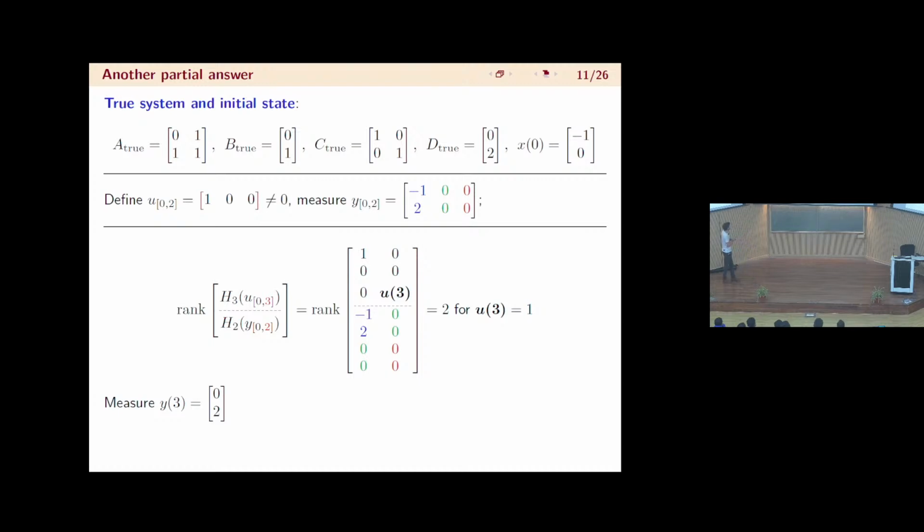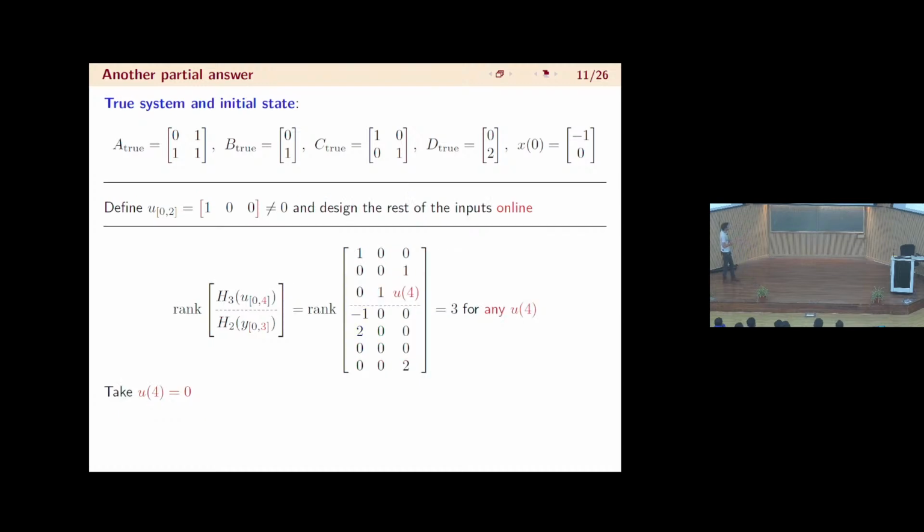Okay, I measure the corresponding output, and then I continue 1 step further. So now I consider 3 columns in my Hankel matrix. It turns out that here you could choose U4, so the 4th input, arbitrarily. For any choice of U4, you will increase the rank of the Hankel matrix.